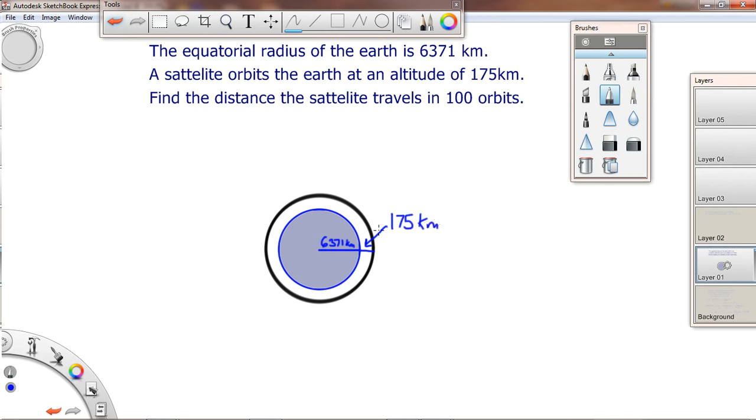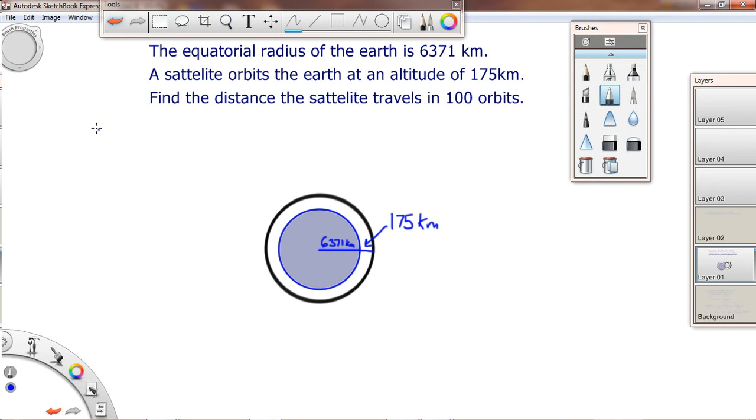And what we're interested in, first of all, before we can calculate anything else, is we need to find how far the satellite travels when it makes one orbit around the Earth. And that's going to be the circumference of this big black circle here. The radius of the black circle is going to be the radius of the smaller blue circle, and then this little distance here added together.